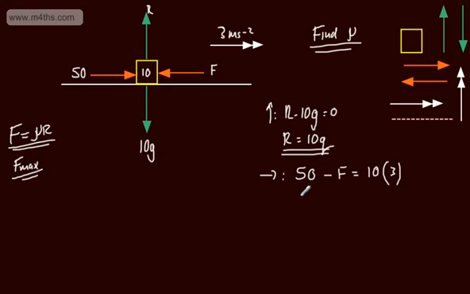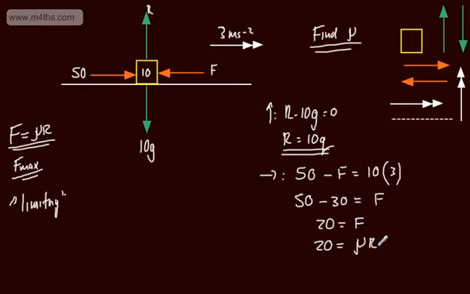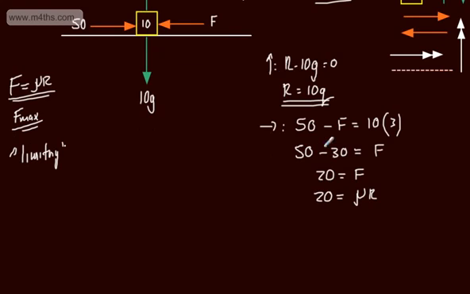So what I could now write is the following: 50 minus this 30 will be equal to the frictional force. So 20 will be equal to the frictional force. Now we know that if this is limiting, and we'll write it here, friction is limiting, we can say mu R, so 20 will be equal to mu R. We know that R is 10g.